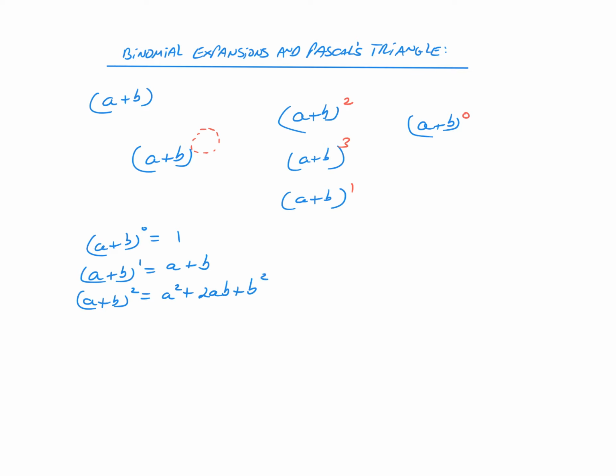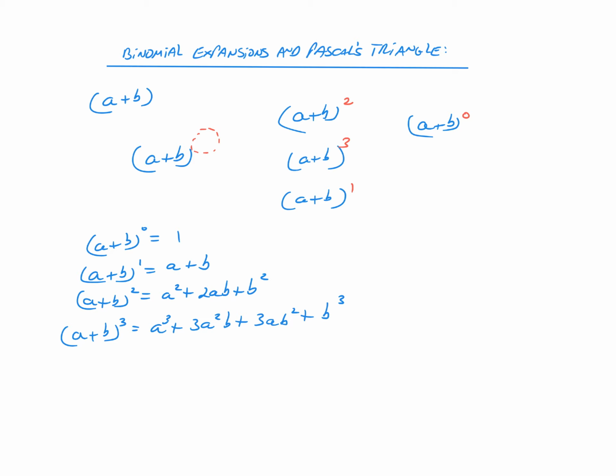Now we don't have much experience so far with a plus b to the third, but let me just tell you that that multiplies out to a cubed, plus 3a squared b plus 3ab squared plus b to the third. Now, while you're watching this Pencast, you want to keep your eye on the coefficients because that's the main focus and certainly the main area that Pascal's triangle as a tool helps with.